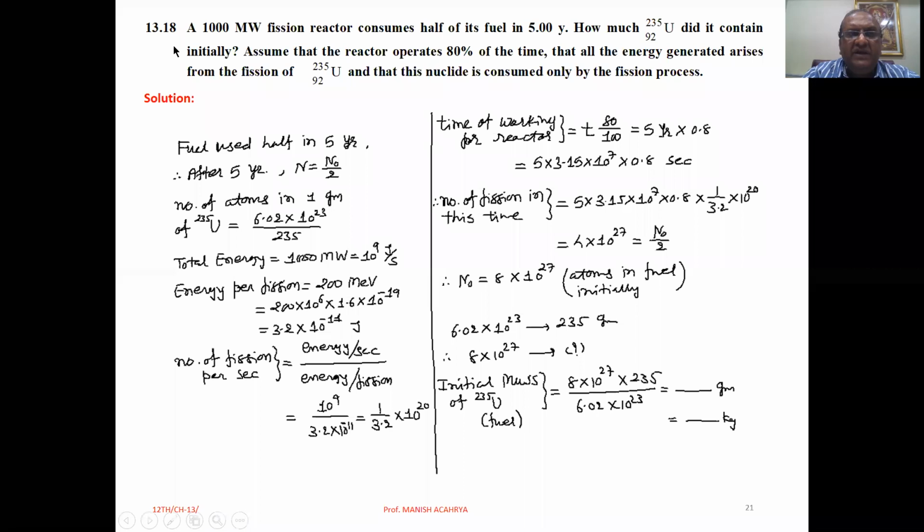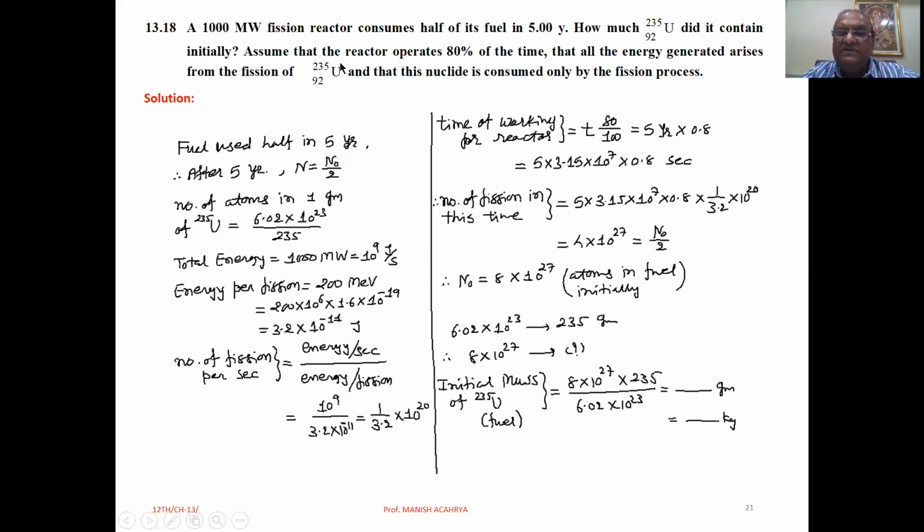Next, 13.18. A 1000 megawatt fission reactor consumes half of its fuel in 5 years. How much 92U235 did it contain initially? Assume that the reactor operates 80% of the time, that all the energy generated arises from the fission of 92U235, and that this nuclide is consumed only by the fission process.